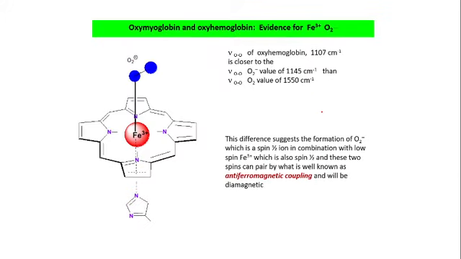Let me see the evidence for Fe3+ in case of oxyhemoglobin and oxymyoglobin. This is the structure of myoglobin, where the O2 oxygen is bound. The frequency of the oxygen in the oxyhemoglobin is 1107 cm⁻¹. This question is also asked in the NET SET examination.